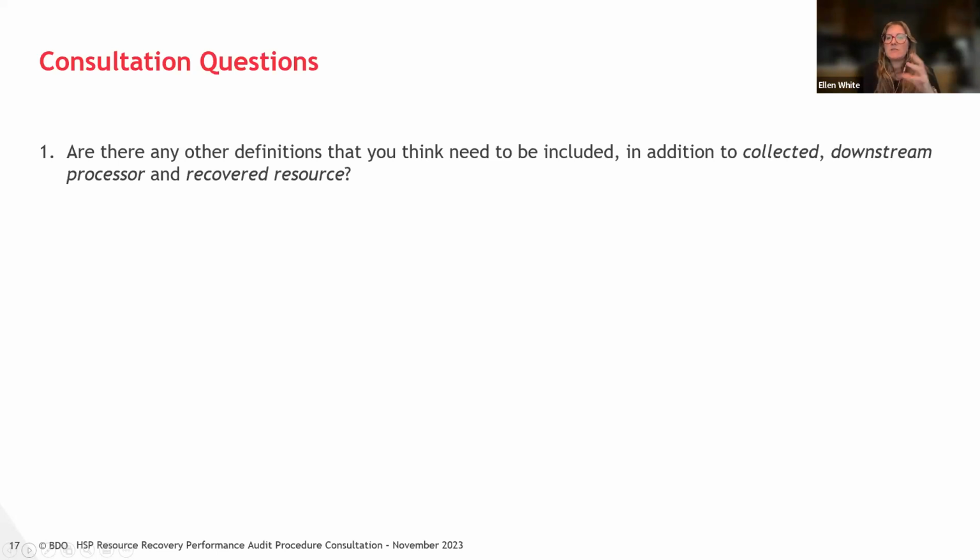As we communicated, because of the timeline of developing this procedure, we did postpone that July 2023 deadline. So we did not require producers or PROs to submit the audit in July. And we also delayed our launch of performance reporting for HSP in general to September.